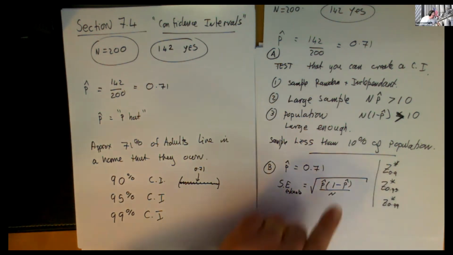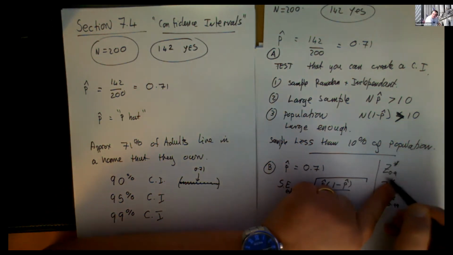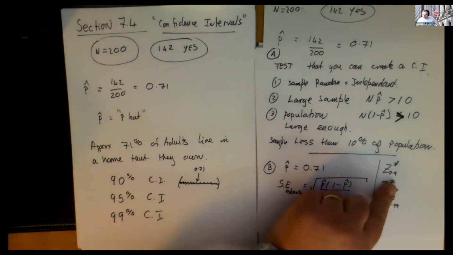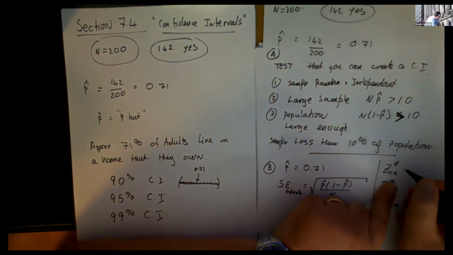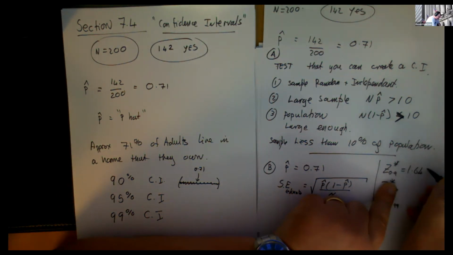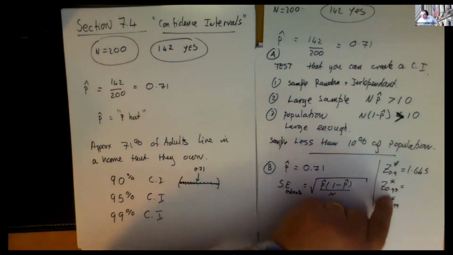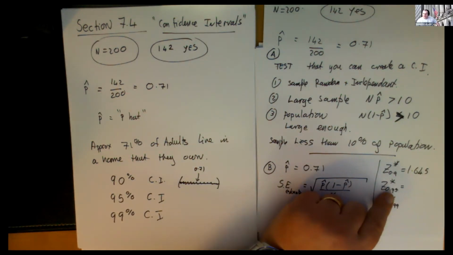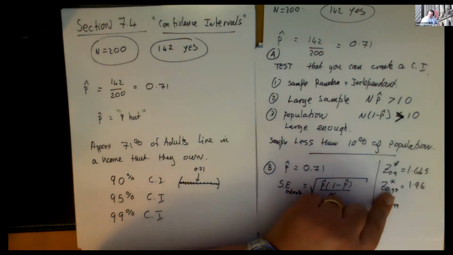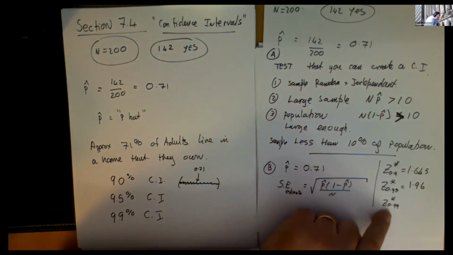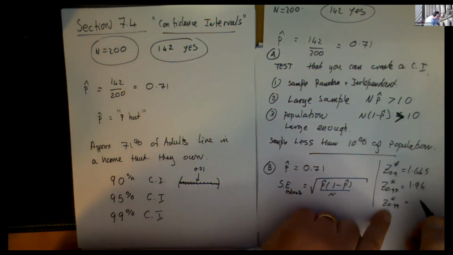If you're going to do a 90% confidence interval, you use this number: 1.645. You just write that down and keep it on a piece of paper handy so it's there when you need it. If you want a 95% confidence interval, the magic number is 1.96. And if you want a 99% confidence interval, the magic number is 2.58.